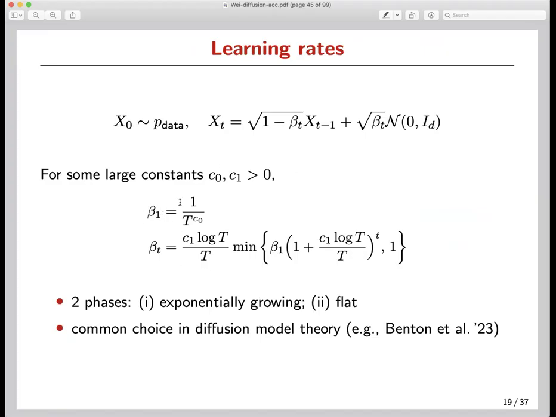Basically, you have a set of choices of betas so that our results can go through. But this is a common choice in diffusion models, where you first have a flat part, then an exponential growth, and then you stay flat. So that's the choice of beta t.